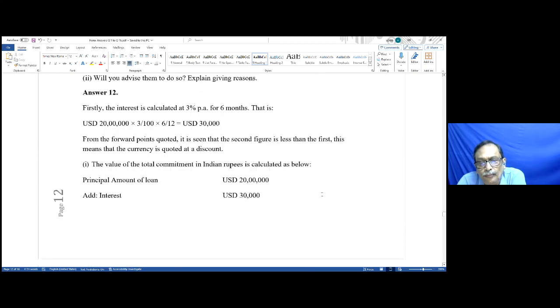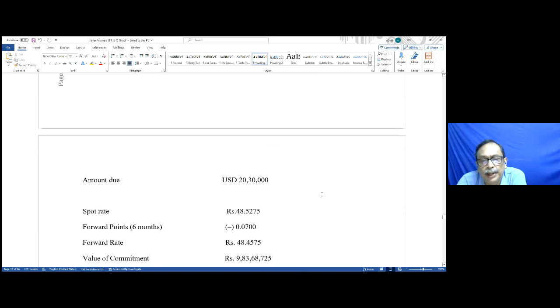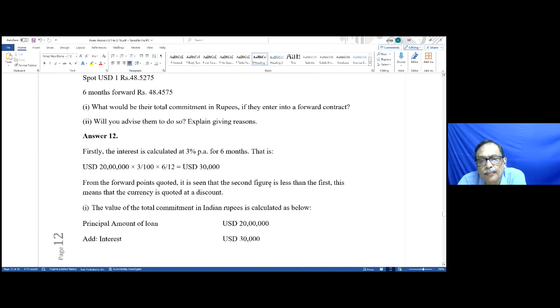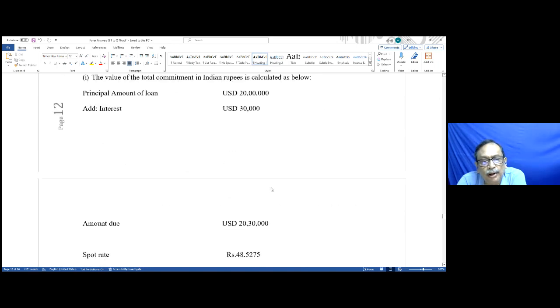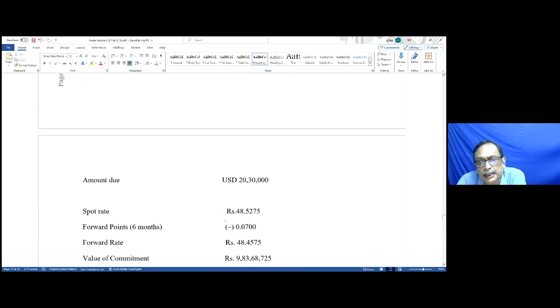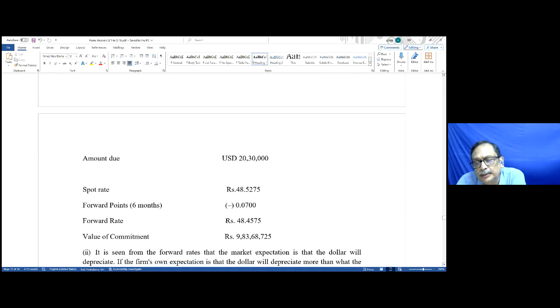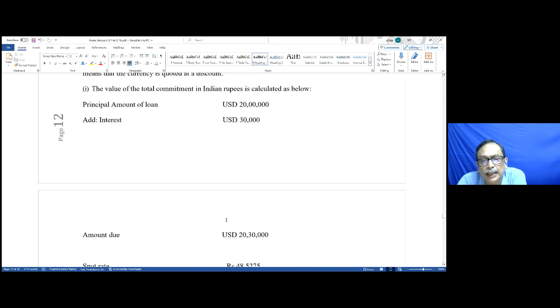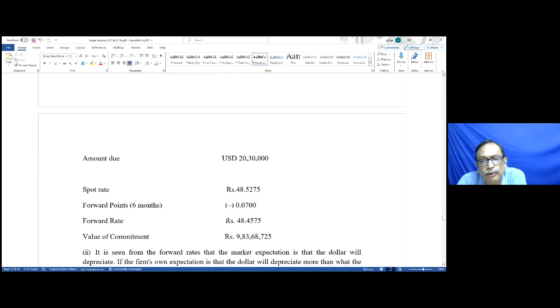Spot rate 48.5275 minus forward point for 6 months, that is a reduction of 0.0700. So we get forward rate as 48.4575.